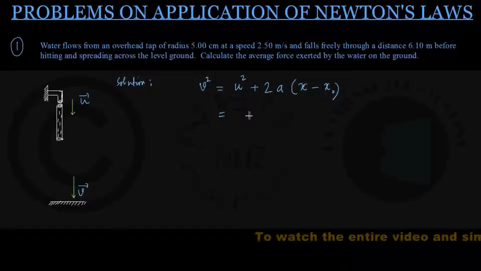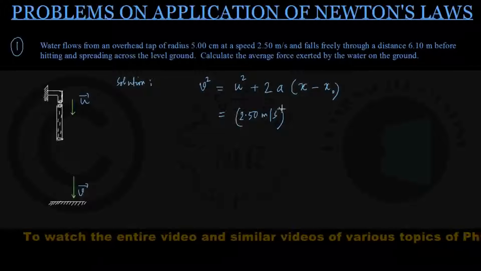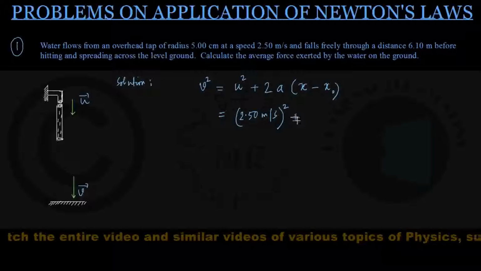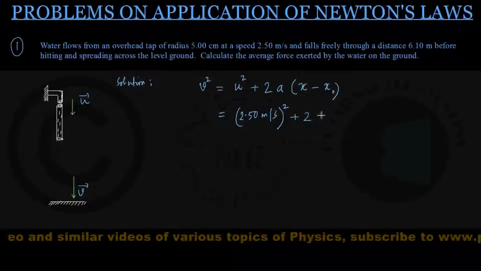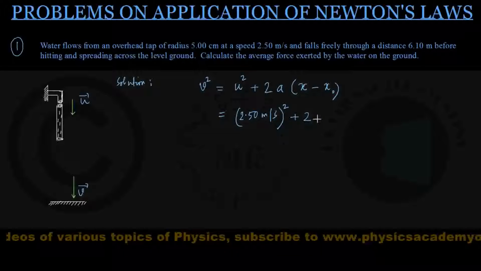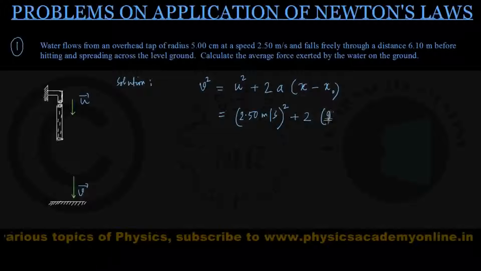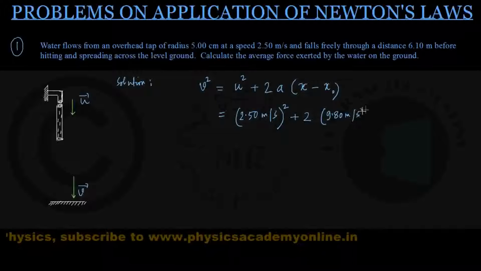The value of u is given to be 2.50 meter per second, and that is squared, plus twice acceleration. Under the free fall condition, you are aware acceleration is the free fall acceleration, that is g, whose value is 9.80 meter per second square.